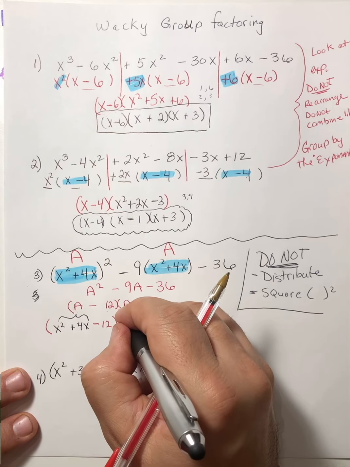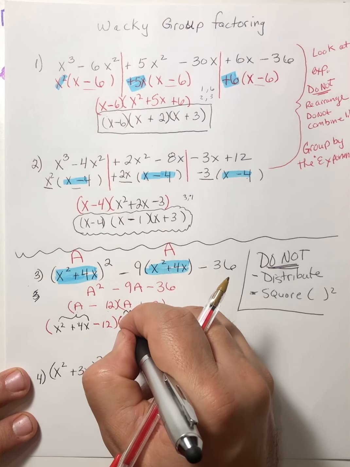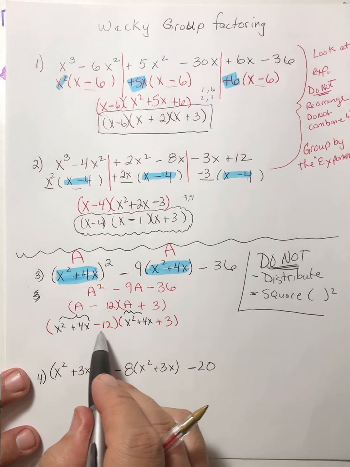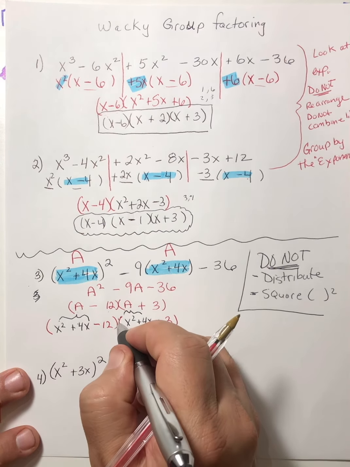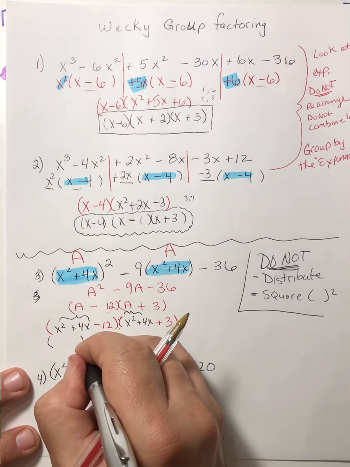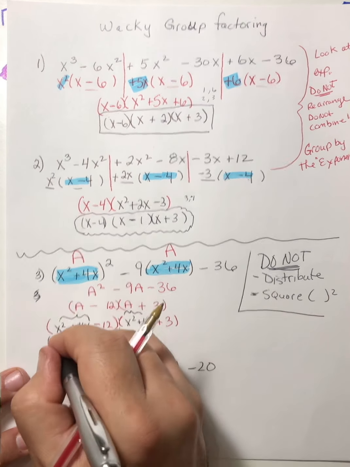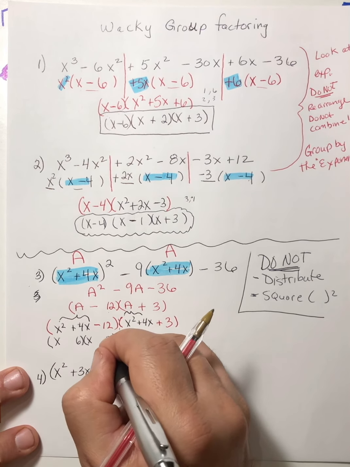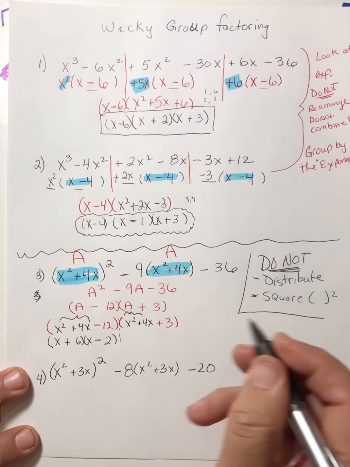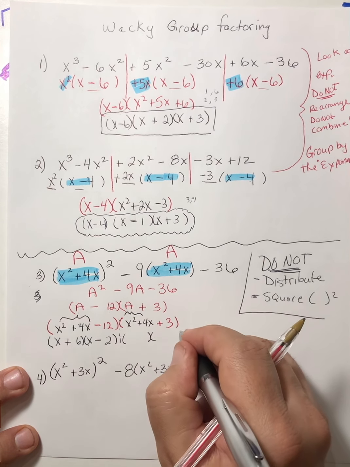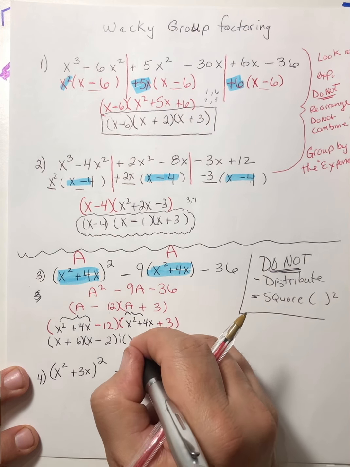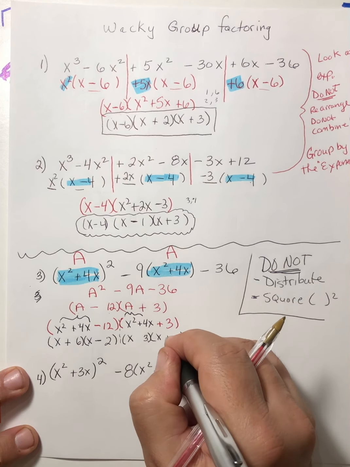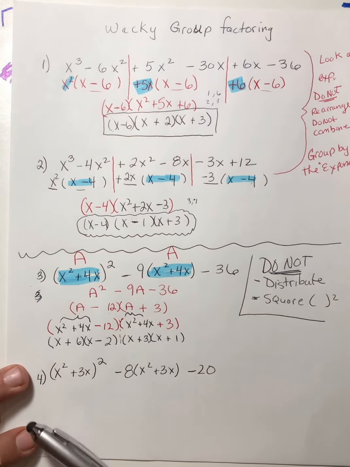I'm going to replace that A with that same thing, that x squared plus 4x. And now I have two nice, easy trinomials to factor. What are your factors of 12 that will give us a 4? 6 and 2, plus, minus. And what are your factors of 3 that will give us a 4? That's right, 3 and 1. And we just factored.